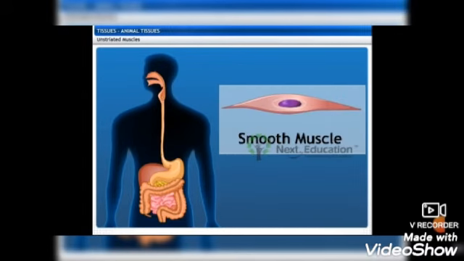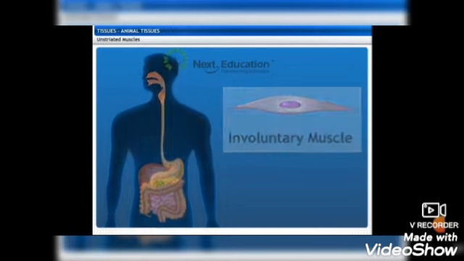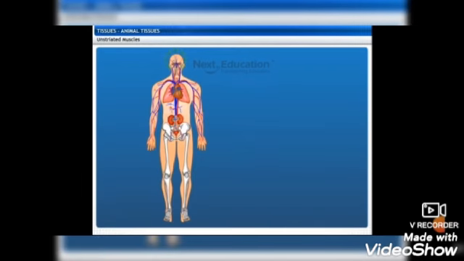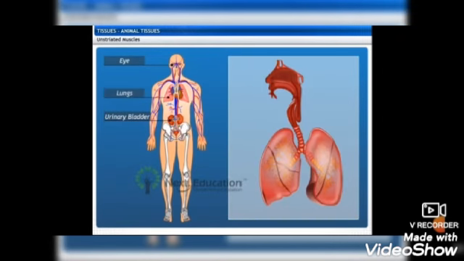They are also beyond our control and are called involuntary muscles. So, these muscles are found in the iris of the eye, urinary bladder, and the bronchi of the lungs.